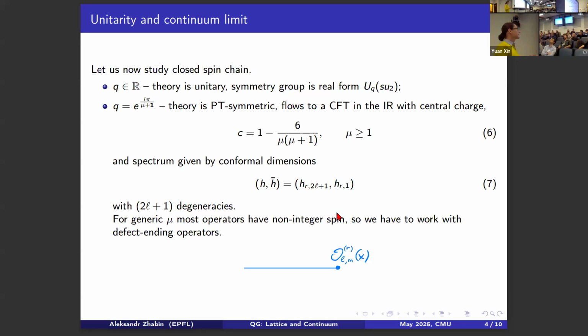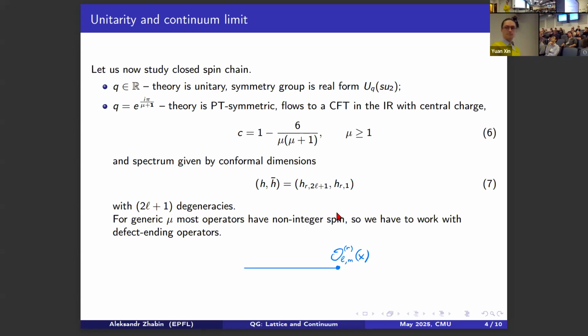The reason why we study this q is because we have a better analytic control of what happens in the infrared. In the IR, the spin chain flows to a CFT with a central charge less than 1, given by this parameterization. It's very similar to the minimal model parameterization of central charges, but now mu is a real number. It's not an integer.